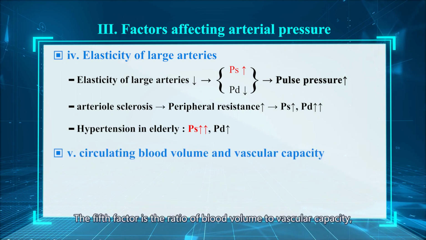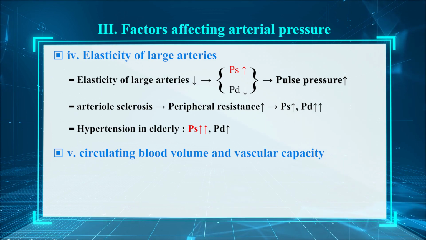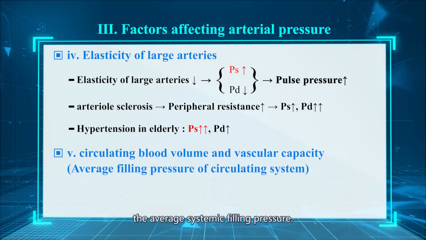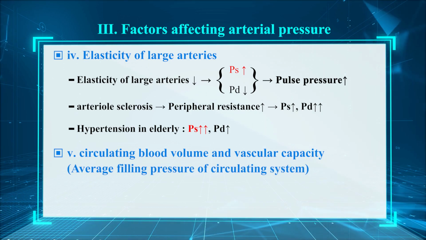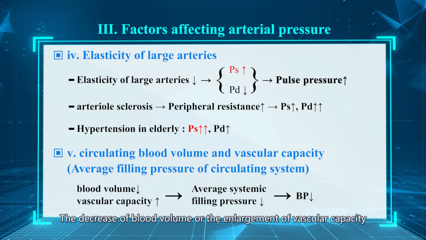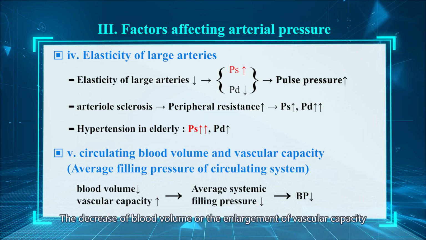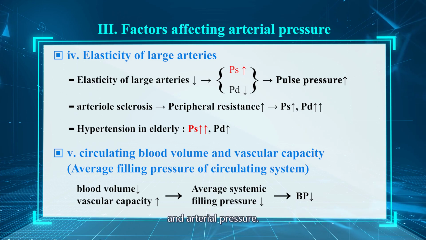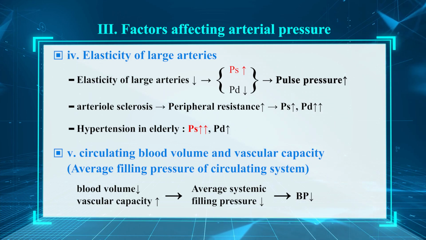The fifth factor is the ratio of blood volume to vascular capacity, that is, the average systemic filling pressure. The decrease of blood volume or the enlargement of vascular capacity can decrease the average filling pressure and arterial pressure.